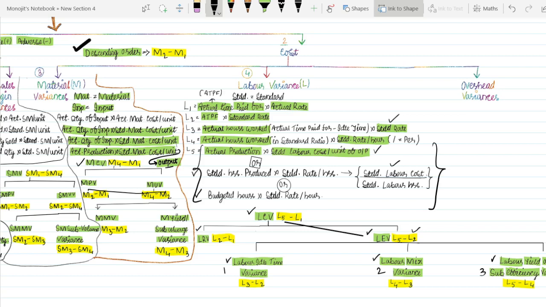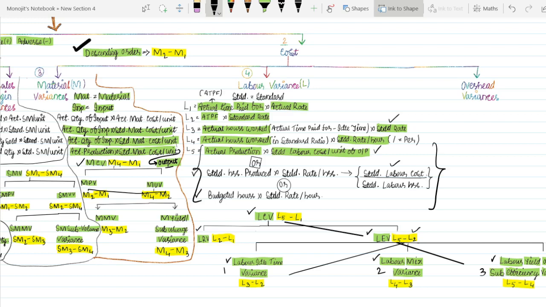So labor efficiency variance L2 will come to labor idle time variance, L3 minus L2. And L5 will go to labor yield or sub efficiency variance, L5 minus L4.